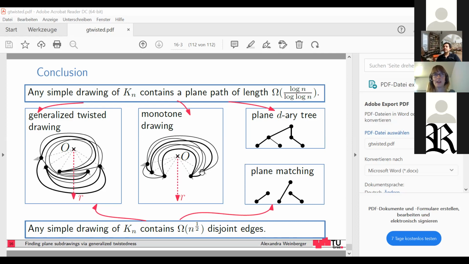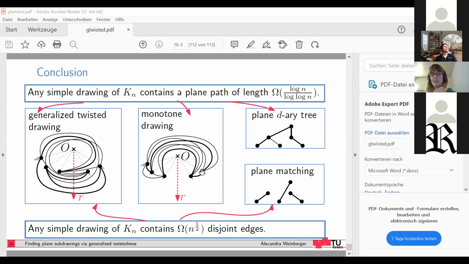So what we define as C-monotone drawing is sometimes also called cylindrical, but we don't always have this geodesic property.